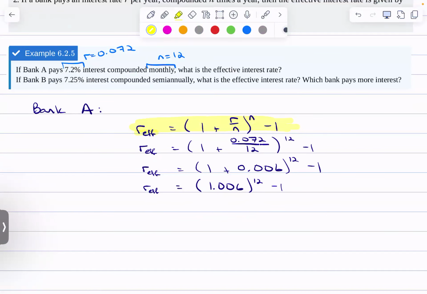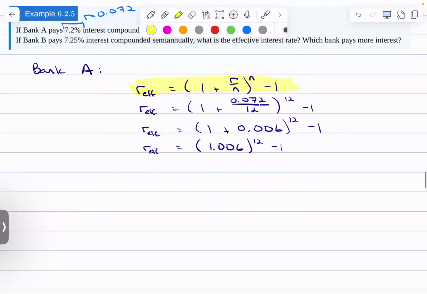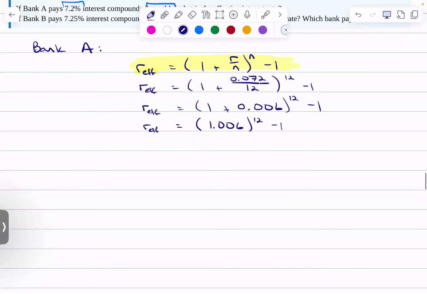1.006 to the power of 12. I get an effective rate of 1.0744244168 minus 1.